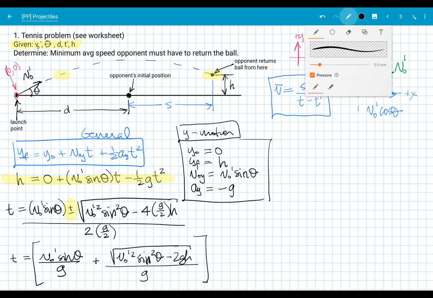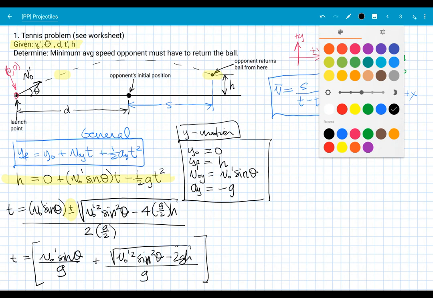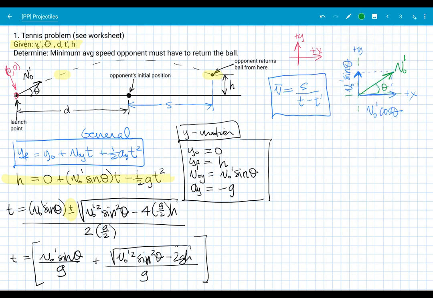So now we need to look at the x motion and substitute this time in. I'm going to change up my color here. I can look at x final equals x initial plus v naught x t plus 1/2 a sub x t squared.